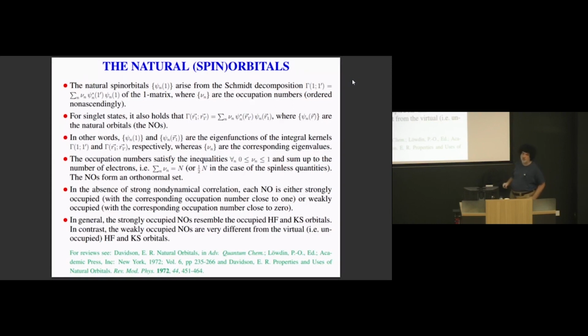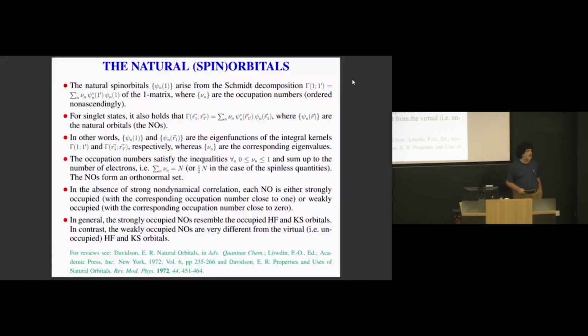If we don't have strong electron correlation, so the electrons don't feel each other too strongly, then those natural orbitals are either strongly occupied, which means occupation number is close to 1, or are weakly occupied, which means occupation number is close to 0. And in general, strongly occupied NOs resemble occupied Hartree-Fock or Kohn-Sham orbitals.